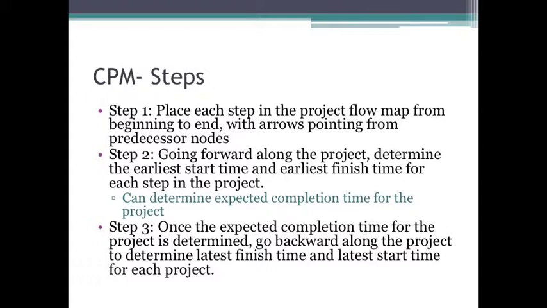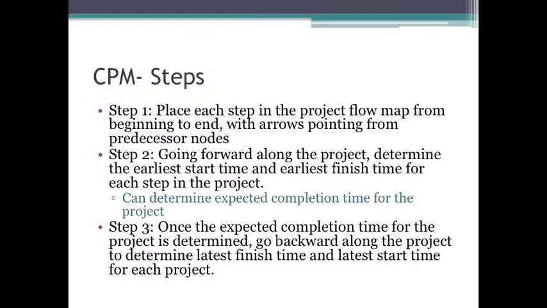So you place each step in the project flow map from beginning to end with arrows pointing from predecessor to successor, so that you represent each task as a node and you have the arrows representing the relationship between those tasks. Step 2, we go forward through the project and determine earliest start and earliest finish time for each step in the project. And for step 3, we calculate the latest finish and latest start of each task by going backwards through the project.